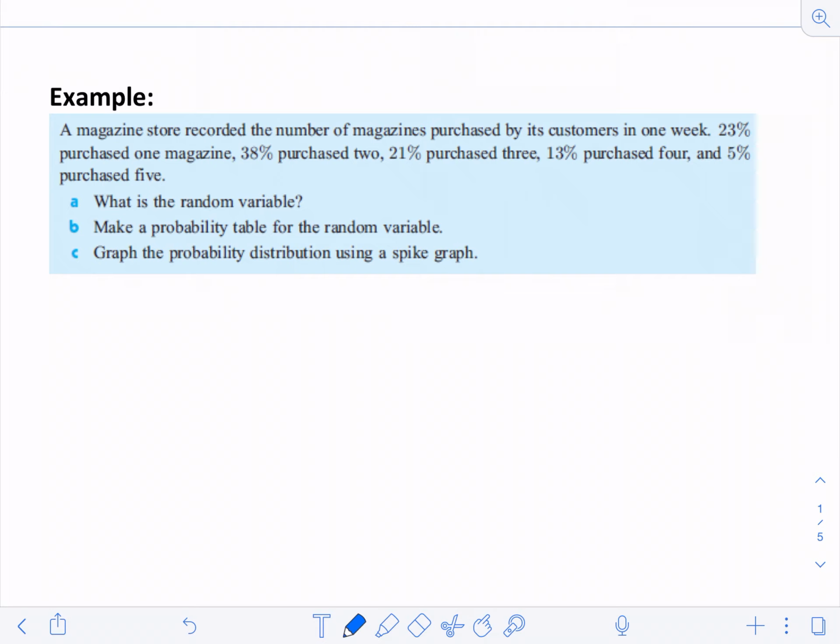What does x represent? X is not the number of people, but the number of magazines sold, how many magazines are going to be sold, to a particular person.